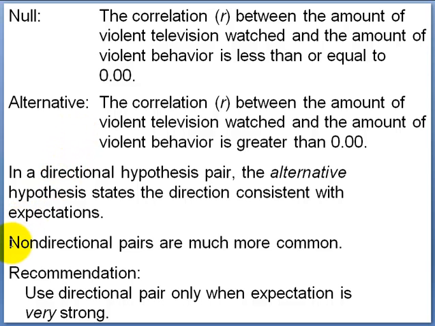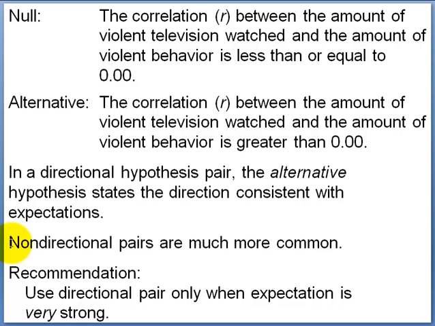Now, back to the question of should you use a directional pair or a non-directional pair? Again, the non-directional pair is basically using the logical operators equal in the null and not equal in the alternative, whereas the directional pair is injecting the notion of direction.